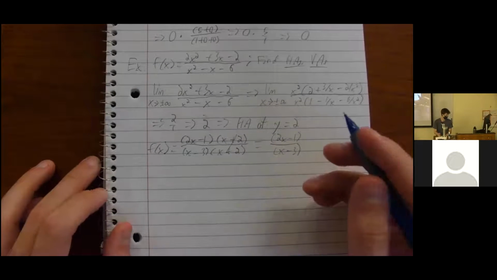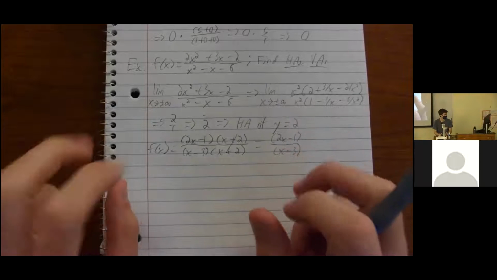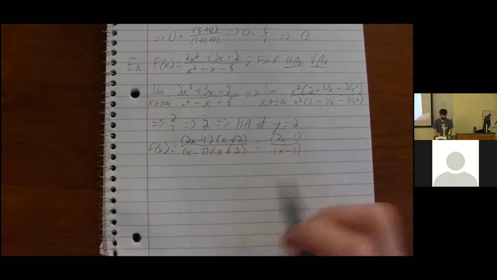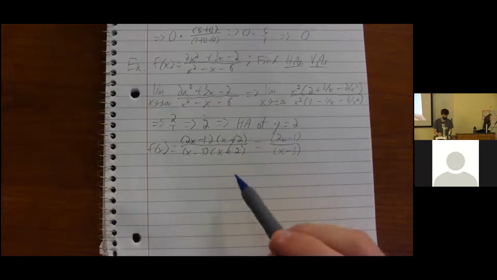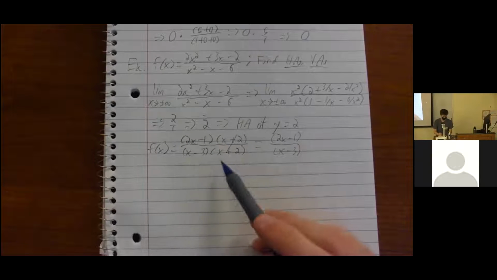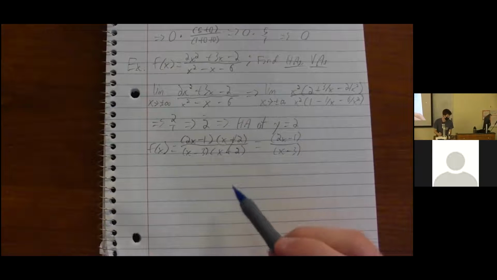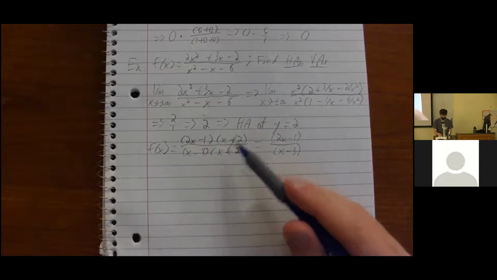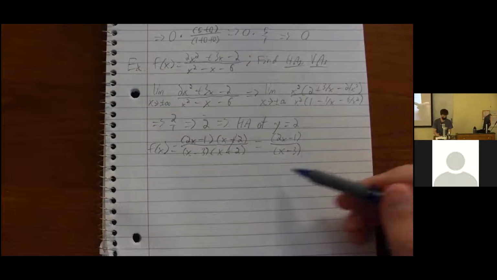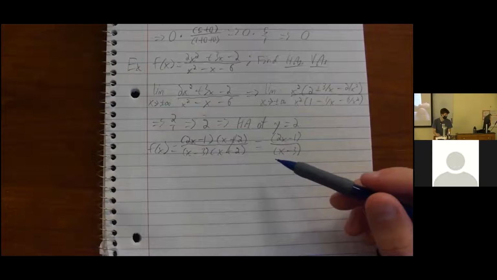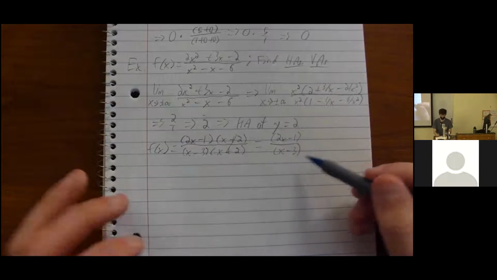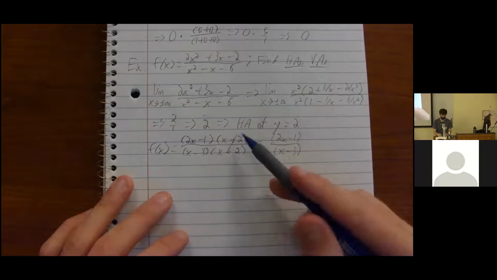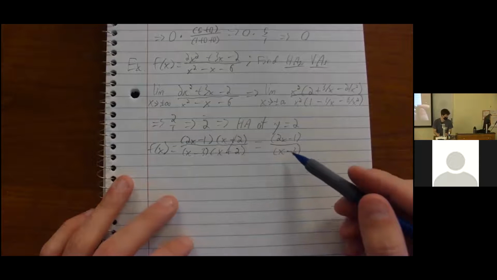So the points we're trying to avoid, build our limits around, are either x equals 3 or x equals -2, right? But since we canceled these out, that's not really a possible vertical asymptote anymore. So we don't really need to worry about it. So now we're only dealing with this. So remember to always cancel these terms out after you factor.